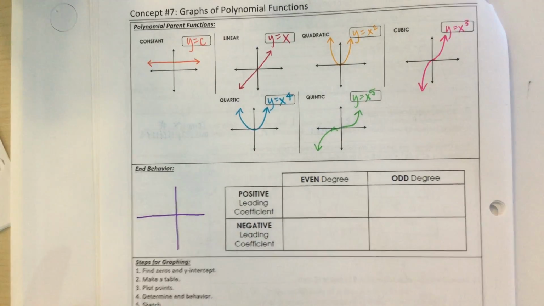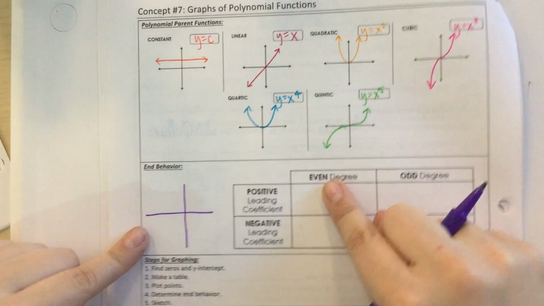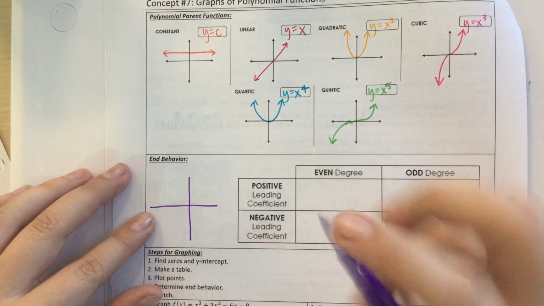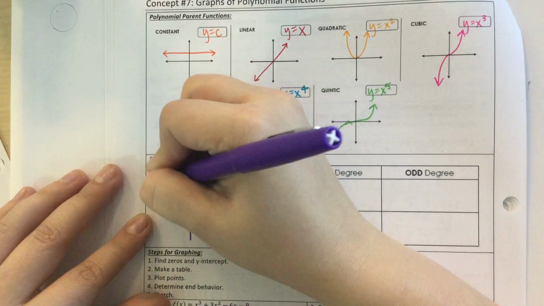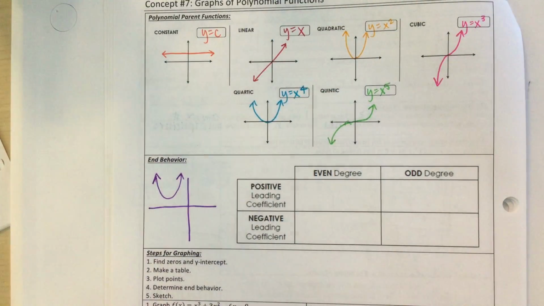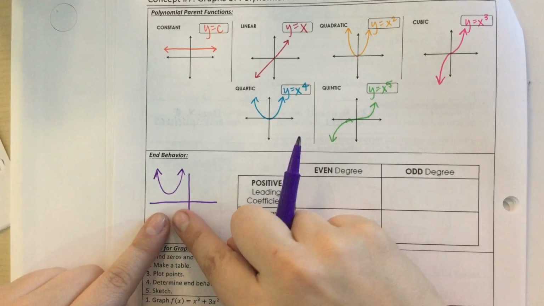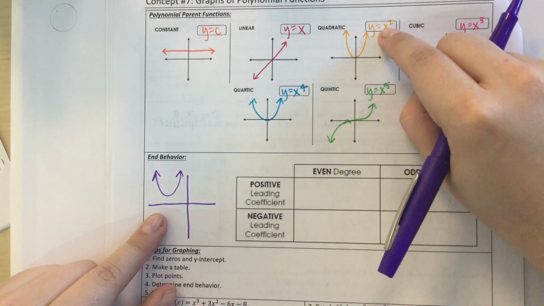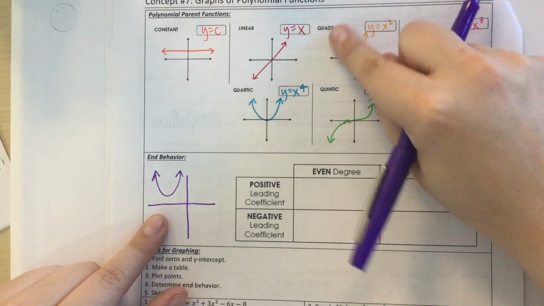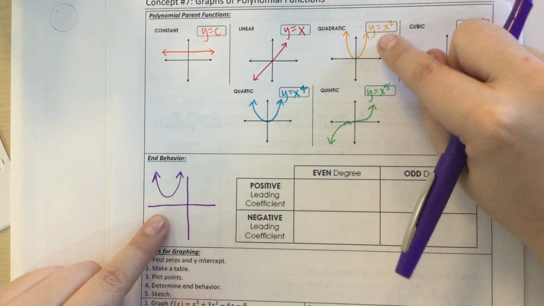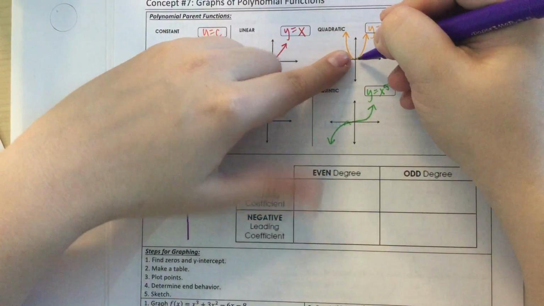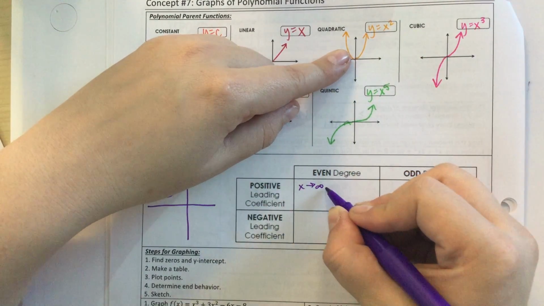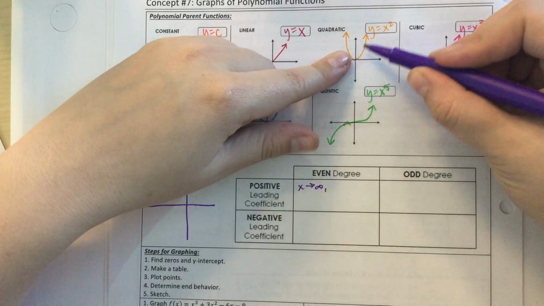So if you have an even degree and a positive leading coefficient, you're going to have a graph that does something like this. This is like the quadratic parent function. My leading coefficient is positive and I have an even degree, so it looks like that. As x gets bigger, or as we say, as x goes to infinity, my function also goes to infinity.